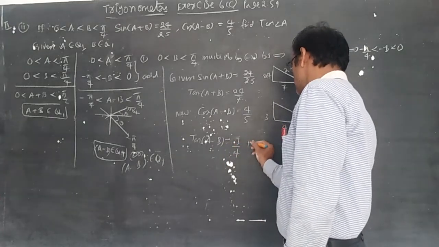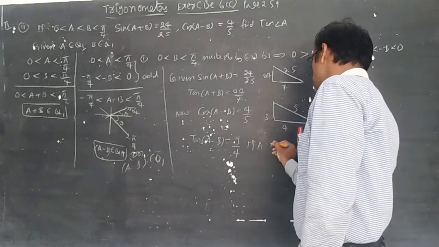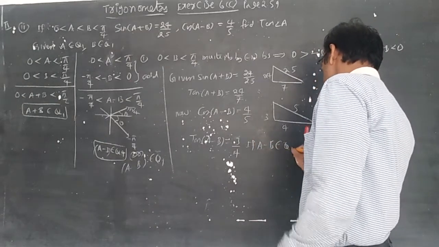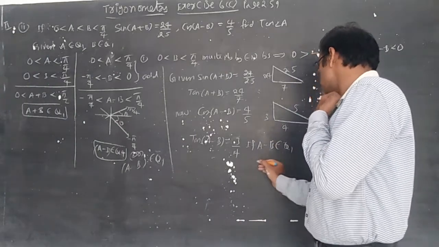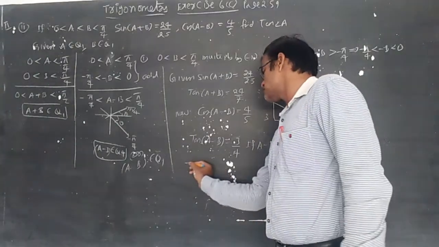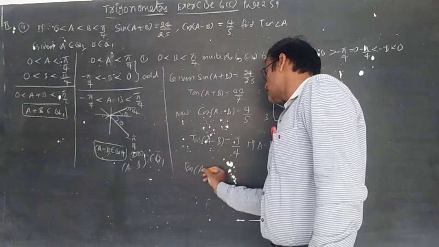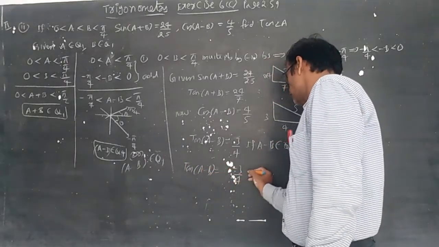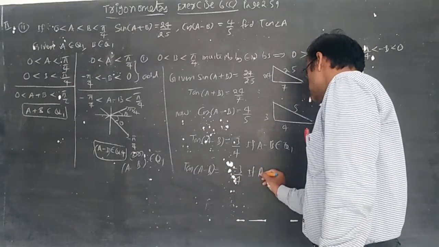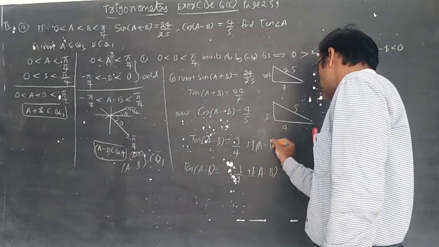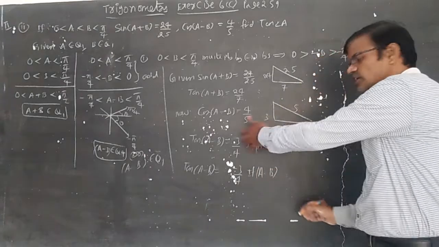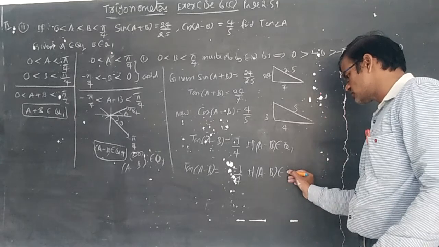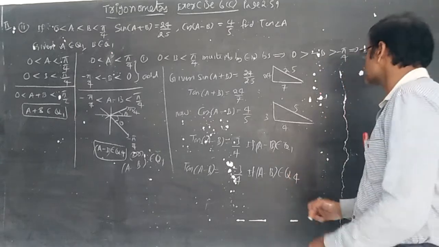If A minus B belongs to Q1, tan of A minus B is equal to plus 3 by 4. Another concept: tan of A minus B is equal to minus 3 by 4 if A minus B belongs to Q4, because in the first quadrant everything is positive, and in the fourth quadrant only cos and secant are positive, remaining are negative.